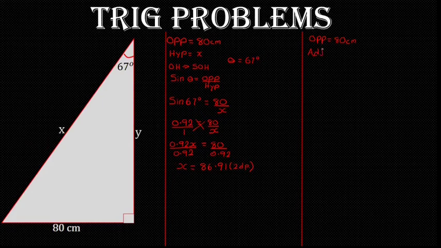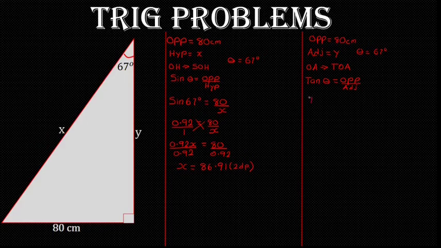Our adjacent, we have y. The theta still remains what? Still remains 67 degrees. Okay, I'm having OA as the first letters. OA reminds me of what? TOA. And TOA stands for tan theta is equal to opposite over the adjacent.